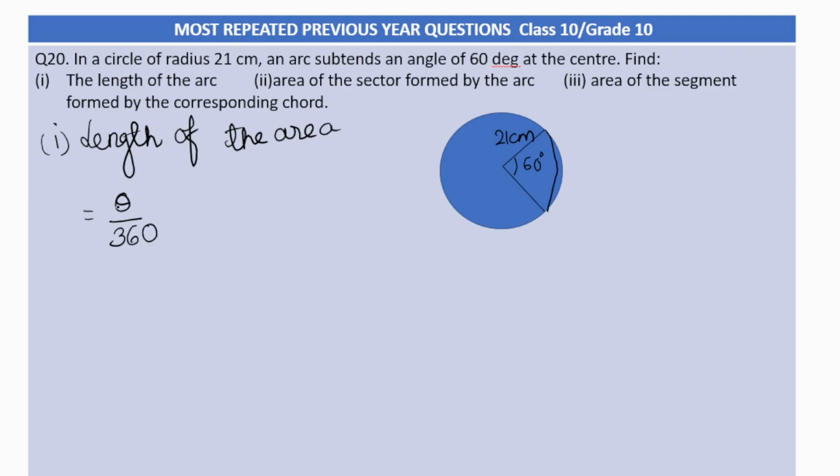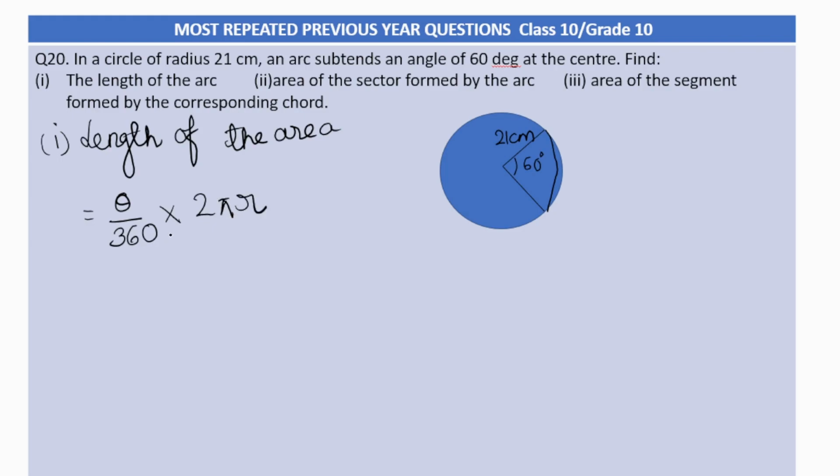Theta is the angle that this arc is subtending at the center. The entire circle is 360 degrees, but we are trying to find the length of this arc. So 60 degrees is the angle that it subtends at the center. So theta here will be 60 degrees. Theta by 360 degrees into 2 pi r.